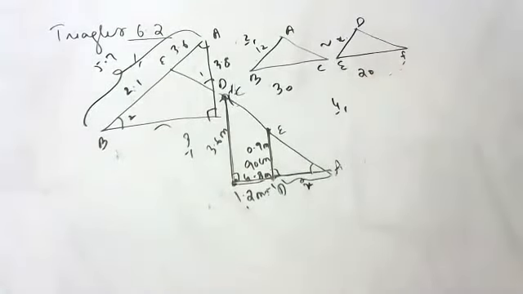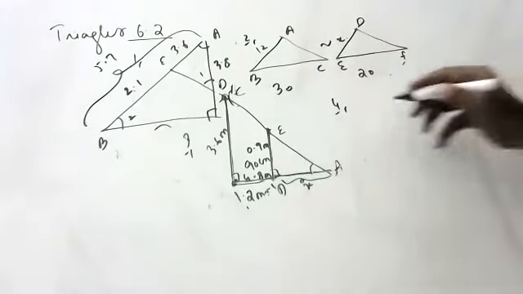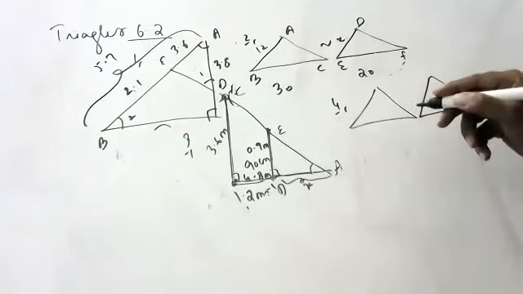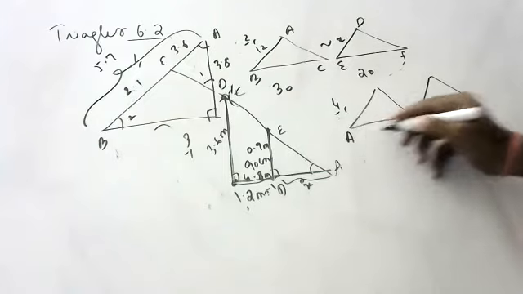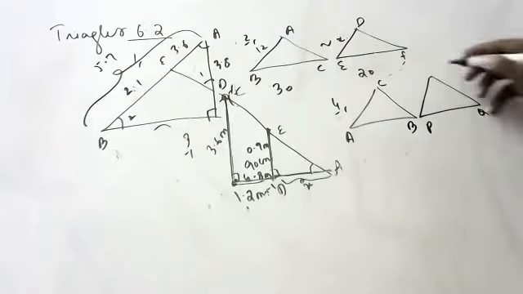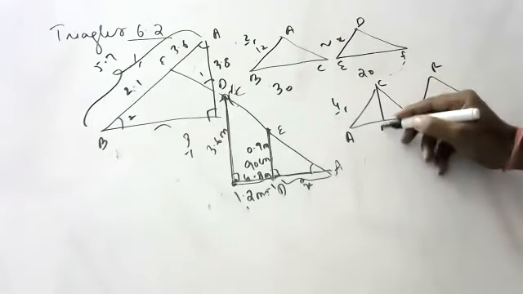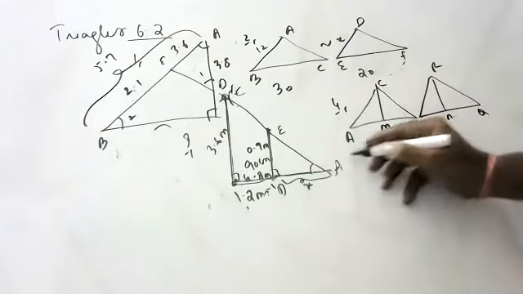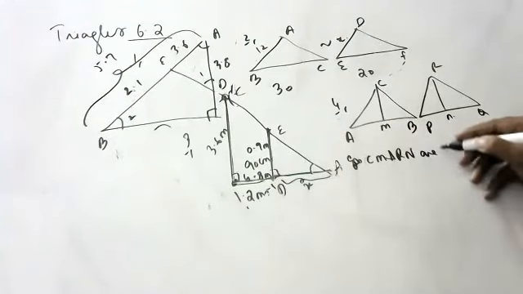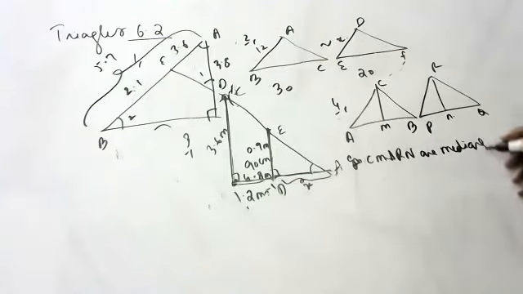Fourth question. CM and RN are respectively the medians. Children, there are two triangles here. CM and RN are medians of triangles ABC and PQR.